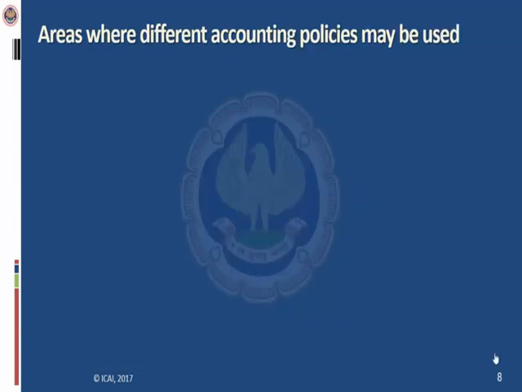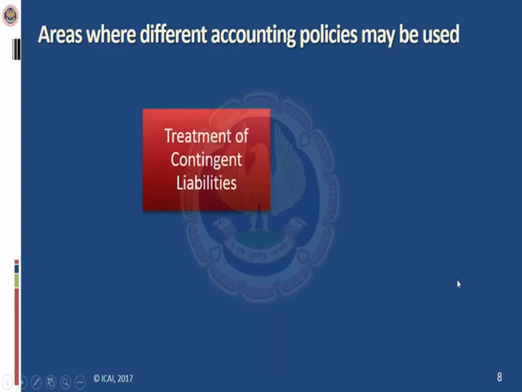Another example where accounting policies could vary from entity to entity is treatment of contingent liability. An entity needs to disclose its treatment of contingent liability: when it is going to recognize a provision, or when a disputed amount is shown as a contingent liability in notes to accounts.